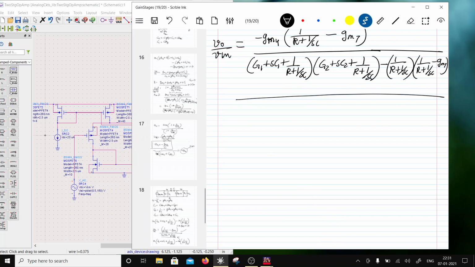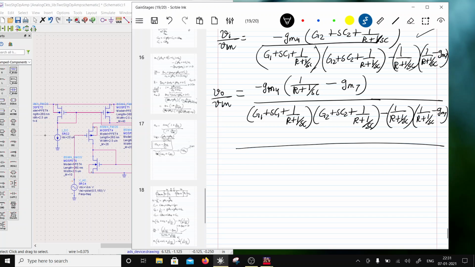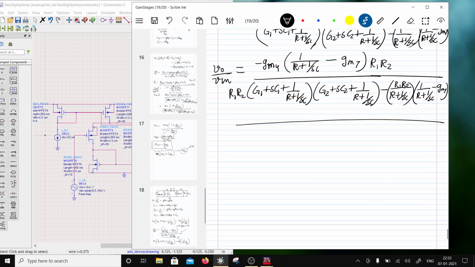So I will multiply the thing with R1 R2. So what I do is I would put here R1 R2, and then I multiply both terms with R1 R2, and here I will do R1 R2, correct? So both terms are multiplied with R1 R2, right?